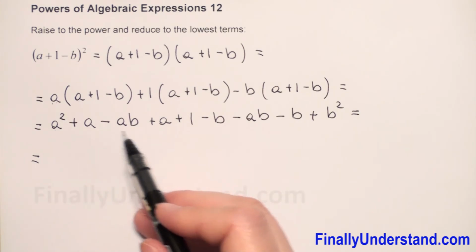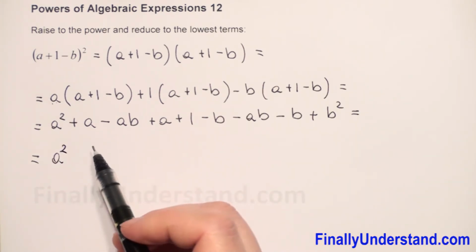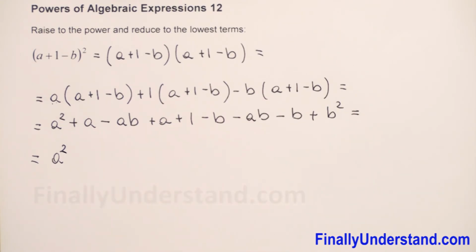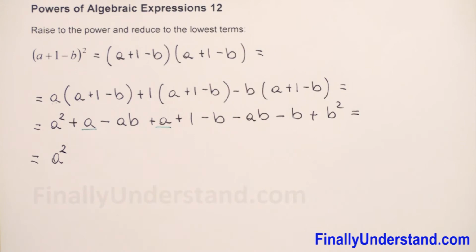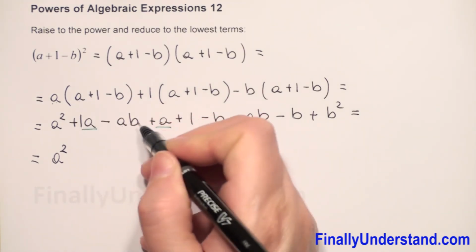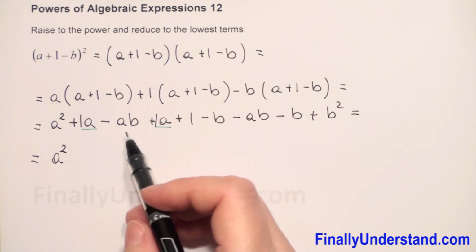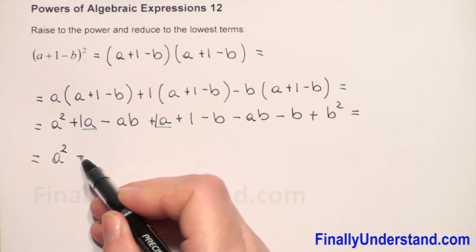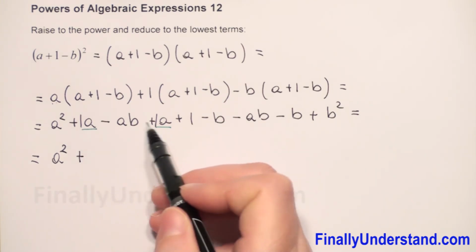So this is equal. Now we have to check if we have like terms. First we have a squared and we don't have any other a squared, so we have to copy. Next we have a and a. When we don't have a coefficient, it's like an invisible 1. Again, positive and positive, like terms we have. So we copy the positive sign and we just add the coefficients. 1 plus 1 is 2.